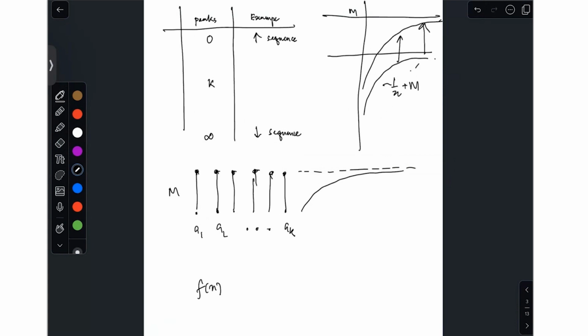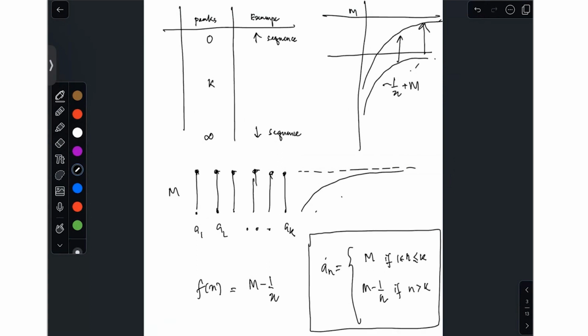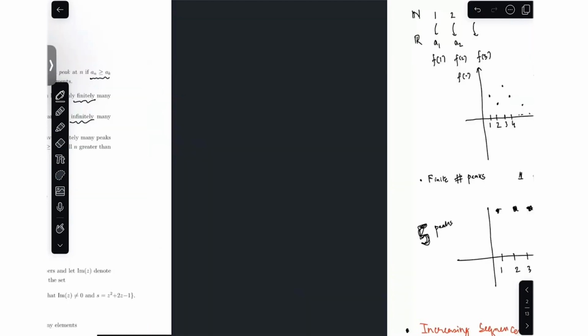So your new function is M minus 1 by x, and you assign that to each and every ak. You define your sequence like this: it's equal to M if n is between 1 and k, and M minus 1 by n if n is greater than k. And this is your sequence with a finite number, exactly k, of peaks. We have got finitely many peaks. So let's see what the options are.